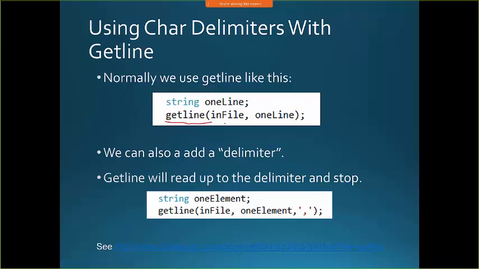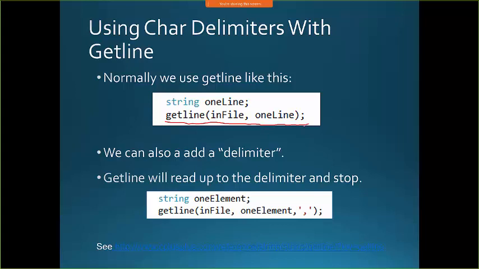So if I do this, what type of thing do I get from the file? Basically, I get an entire line, right? Yeah, one whole line of text. So sometimes that's useful.